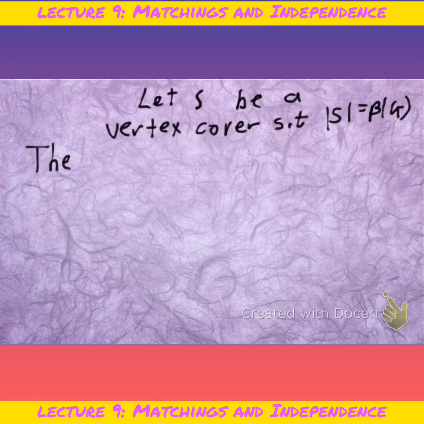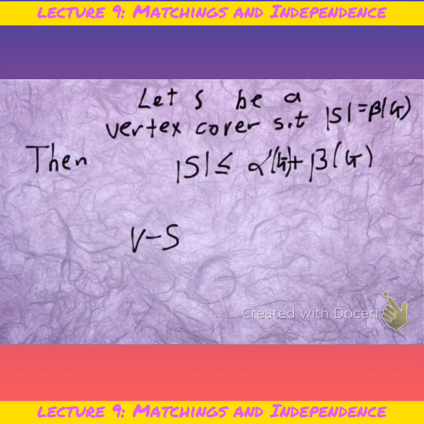Then if we look at the vertex covering number of G plus alpha of G, we know that that is at least the cardinality of S. Now remember, what do we know about the set V minus S by the previous theorem? V minus S is an independent set.